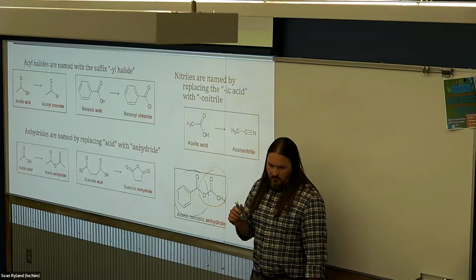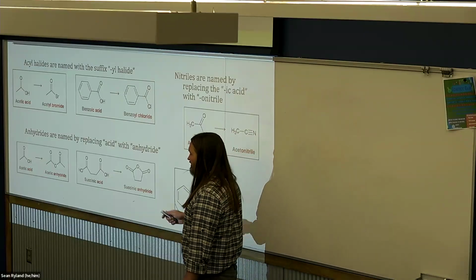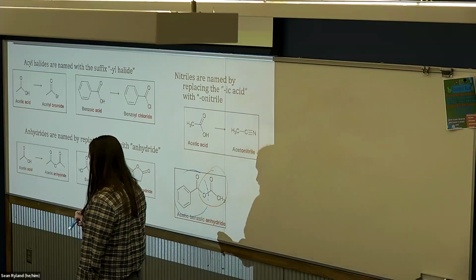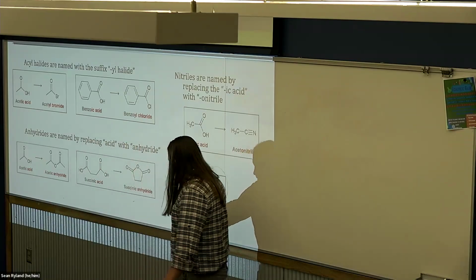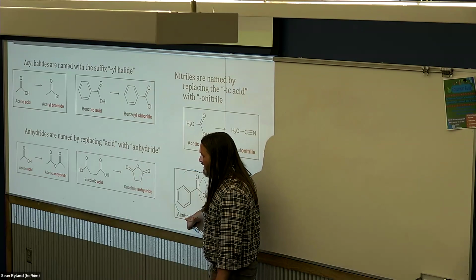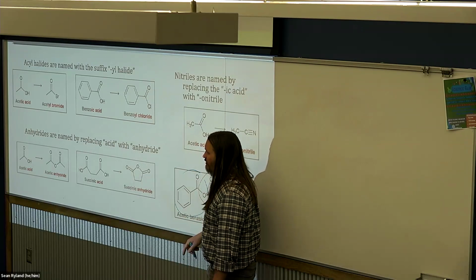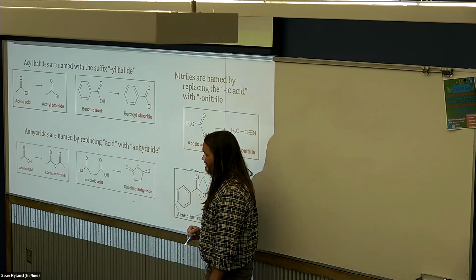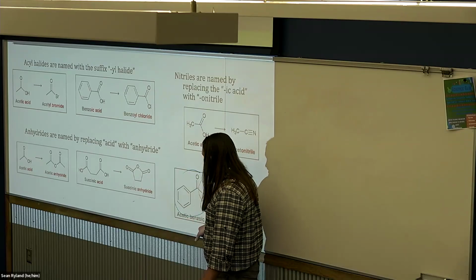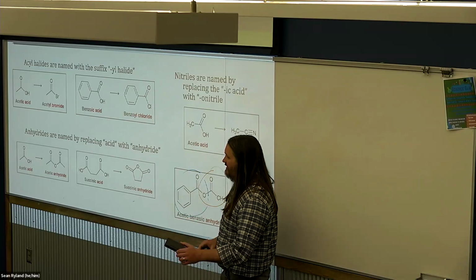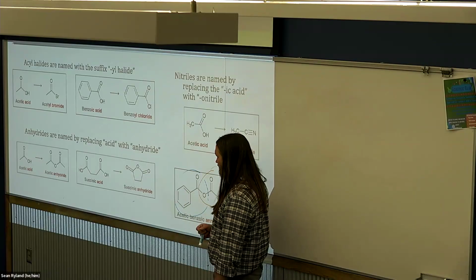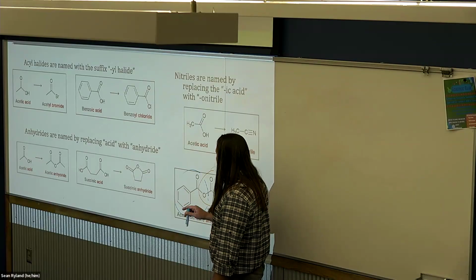And here's where we want to be careful. This is also where the esters are going to trip you up. You'll notice this is one of the first times we're actually making these things two separate words. It's not acetic benzoic as one word. It's acetic space benzoic anhydride.